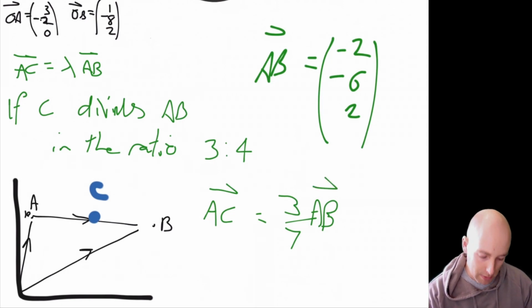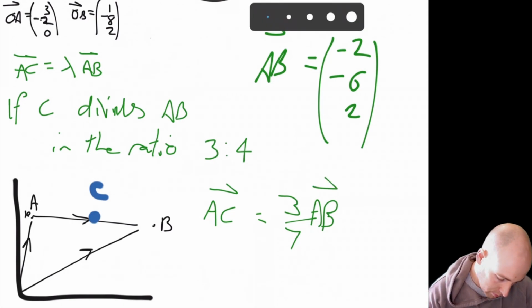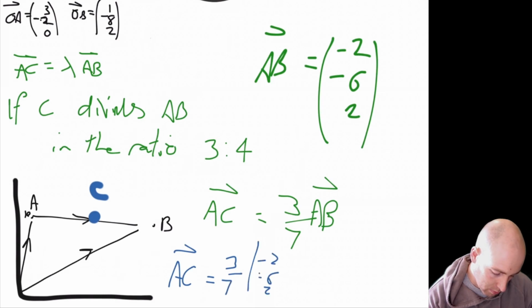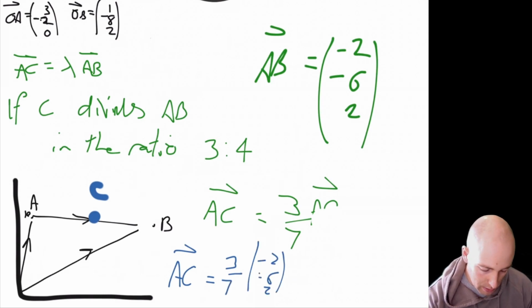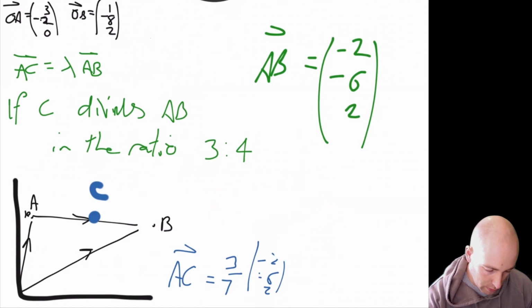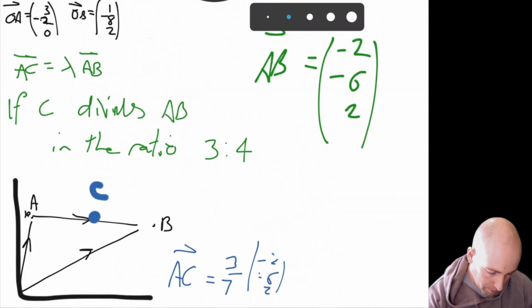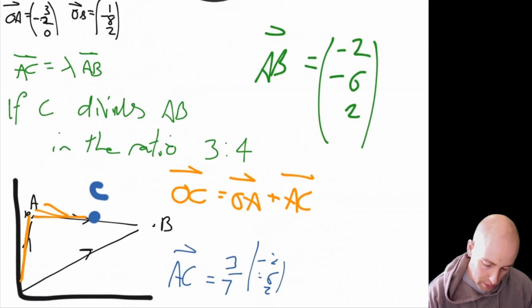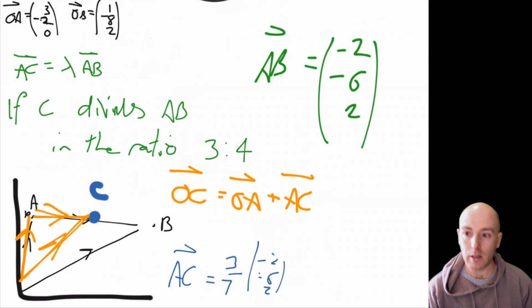We could use that to find out what C is. So AC is 3/7 of (-2, -6). We could then use that to try and find OC. So OC would be OA plus AC. We're going from here to here, and that journey is the same as going directly to C.